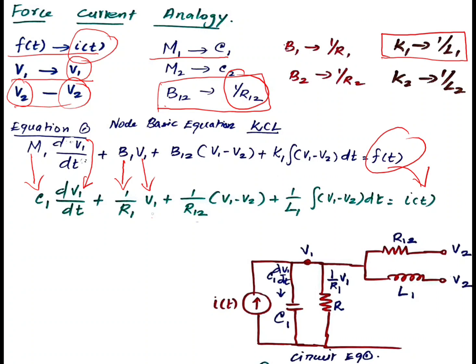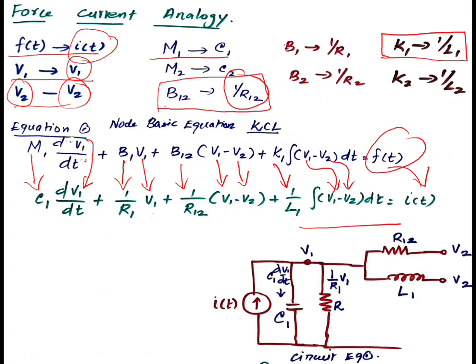B12 is equivalent to 1 by R12, velocity V1 is voltage V1, velocity V2 is voltage V2, K1 is reciprocal of L1. So this is the equation.